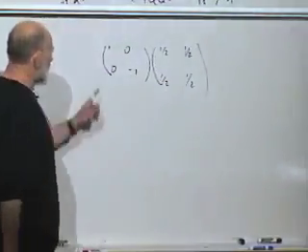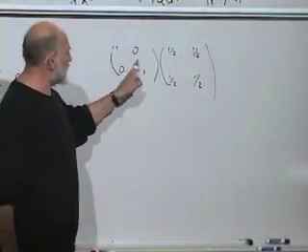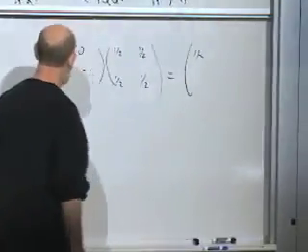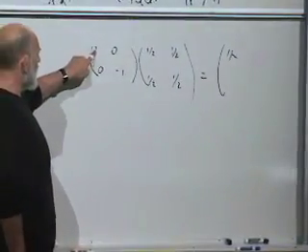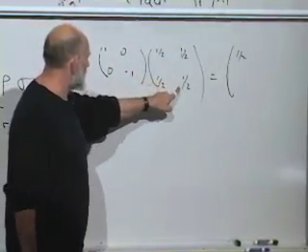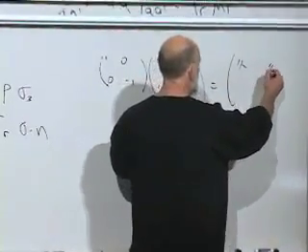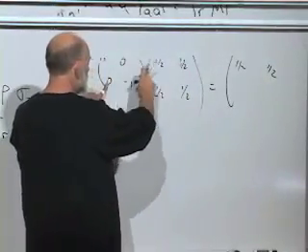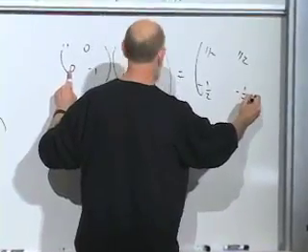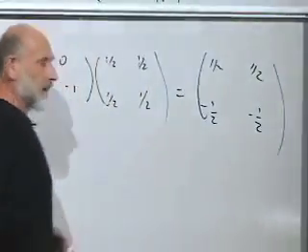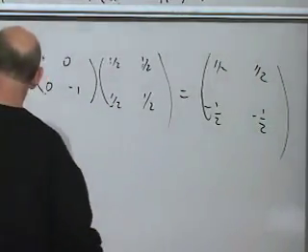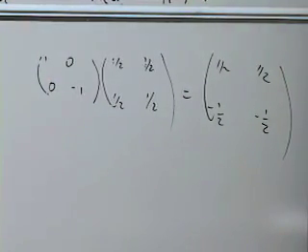Let's see what the product is. 1 times 1/2 plus 0 times this is equal to 1/2. Now minus 1/2, minus 1/2. Now I have to take the trace of it. Trace is 0. So the expectation value of sigma 3 is 0.